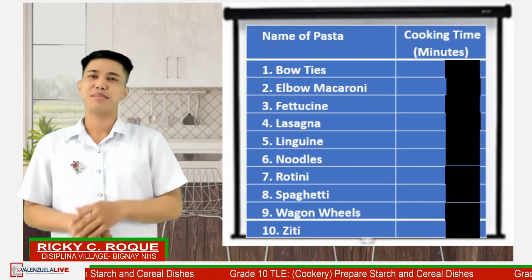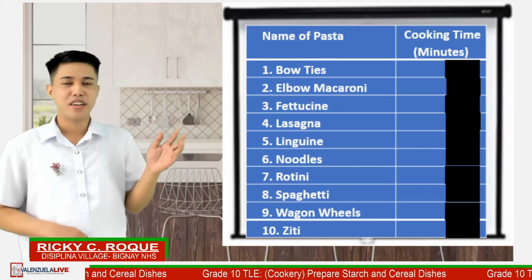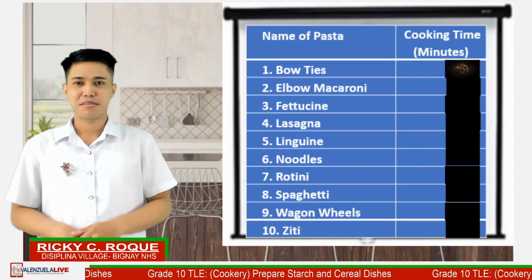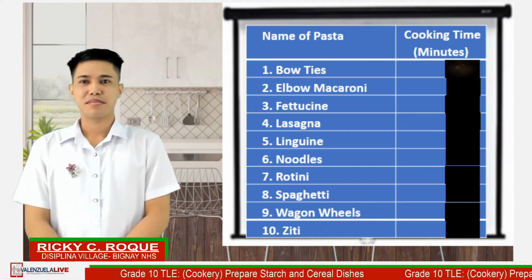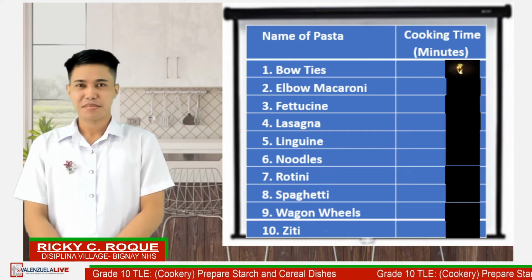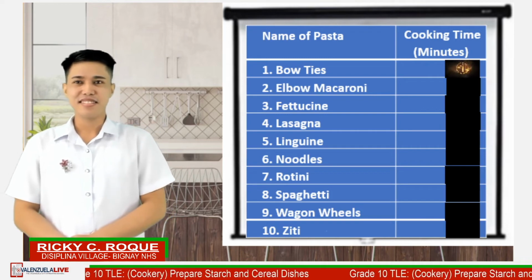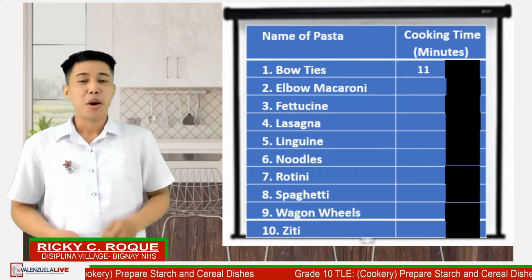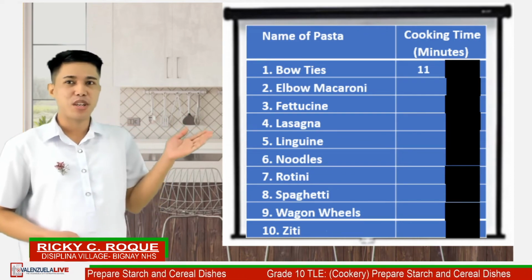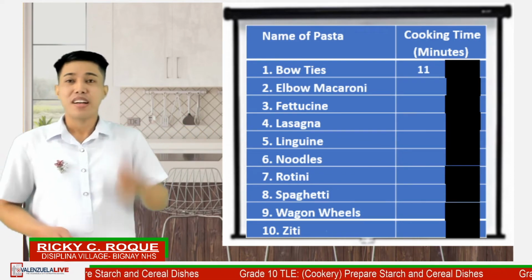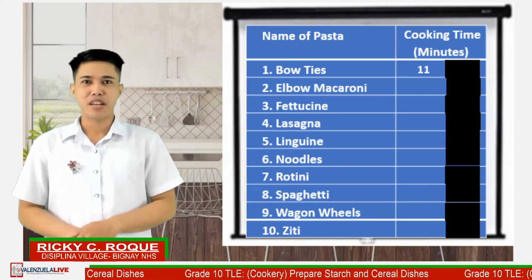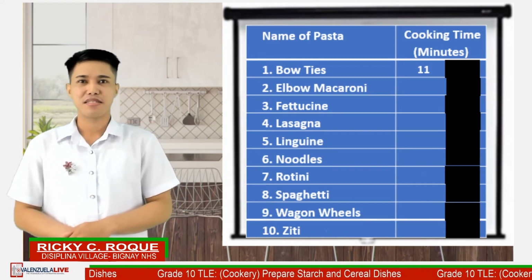Me too. Number 1 for 5 seconds. The answer is bow ties has 11 minutes of cooking time. Nice! Number 2, elbow macaroni for 5 seconds.